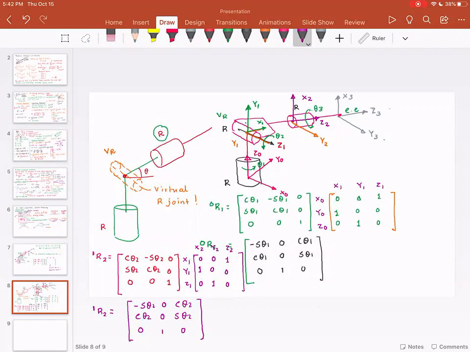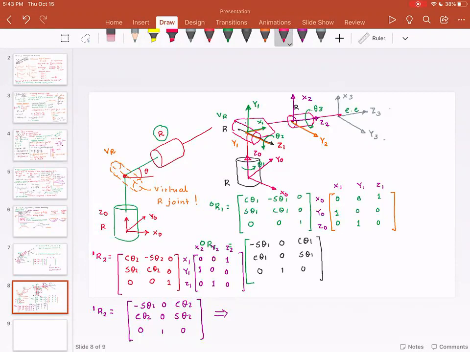Now let me finish the discussion, and you hold your question for a second, please. Now please note, in my original equation, this is my coordinate frame, z0, y0, x0, and because of this virtual joint, I got an additional value of theta in between.